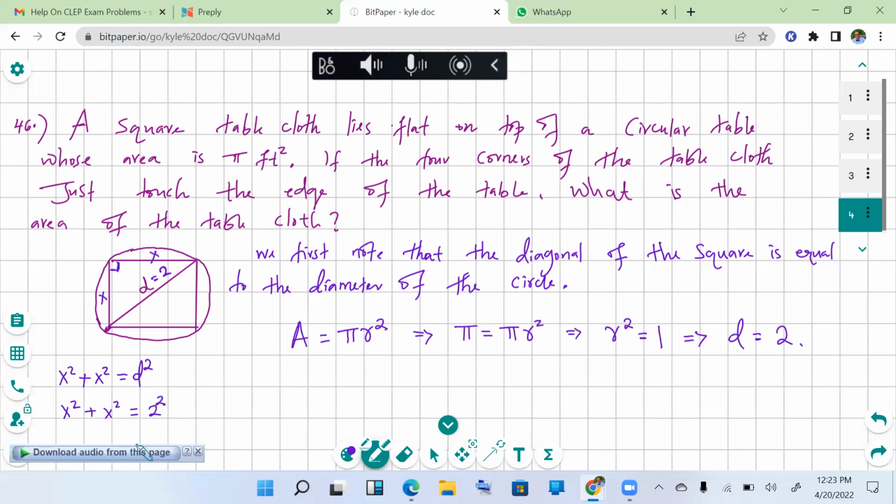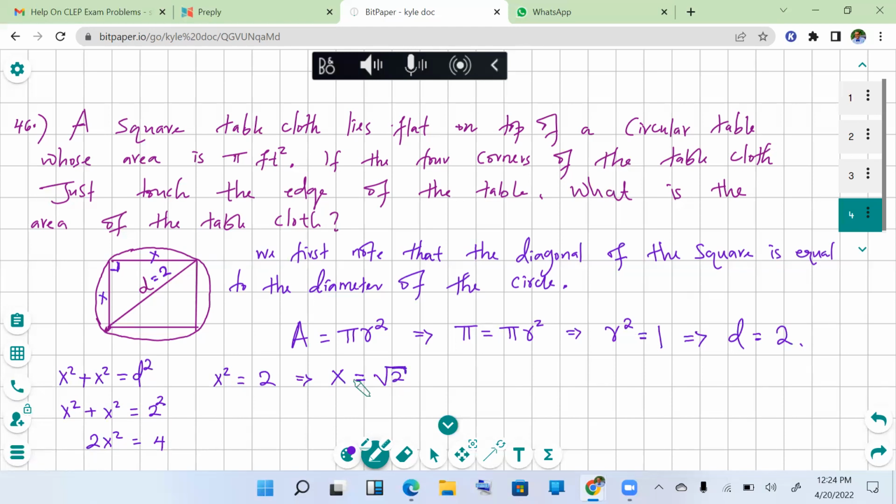X squared plus x squared is 2x squared, and 2 squared is 4. So if we divide by 2, x squared is equal to 2, meaning that x equals the square root of 2.